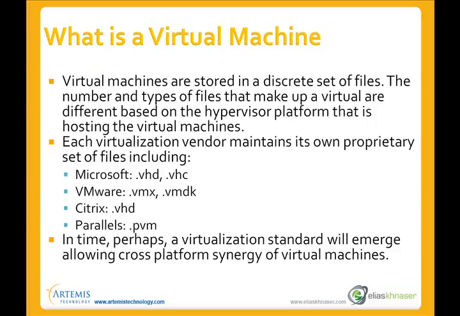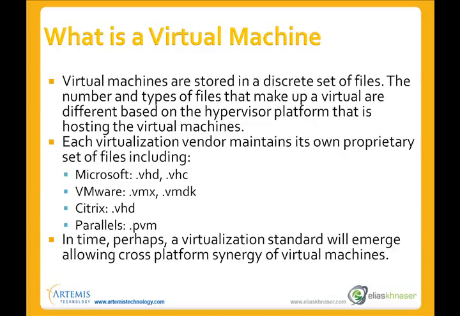Depending on the hypervisor that you're using, you're going to have files with different file extensions. You'll have Microsoft with VHD and VMC. You'll have VMware, VMX and VMDK. Obviously, the VHD is the virtual hard drive, and the VMC is the configuration file. Similarly, the VMX is the configuration file, and the VMDK is the actual virtual drive.